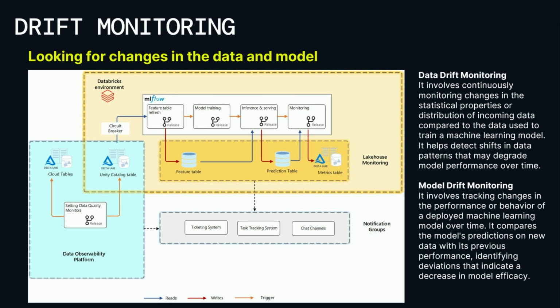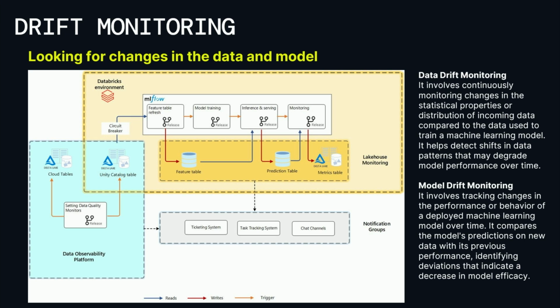Especially if your data is spread out across different systems, not everything can be in Unity catalog. It could be somewhere in the cloud, it could be on-prem. You would want a data observability tool that other data teams have access to, especially the teams originating this data. You can track a lot of metrics there.